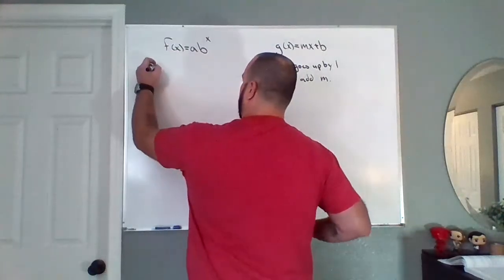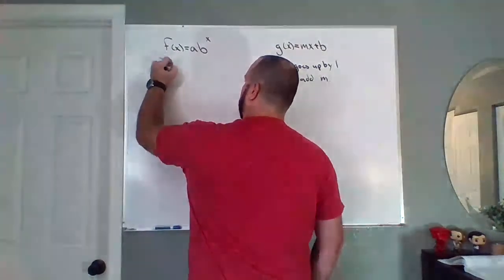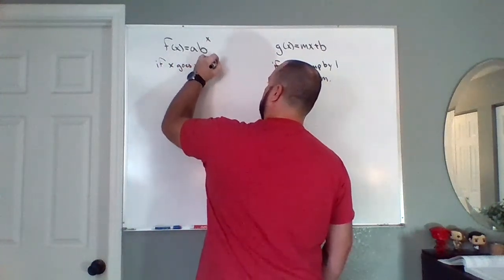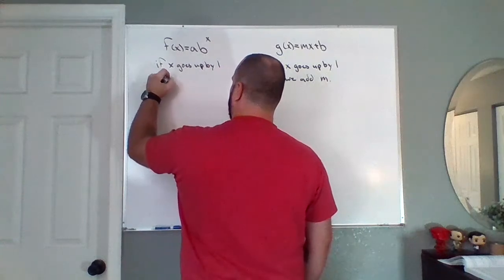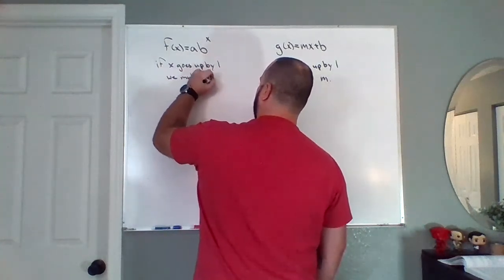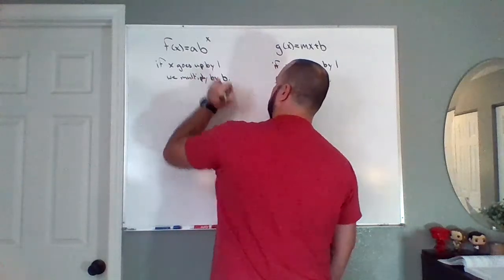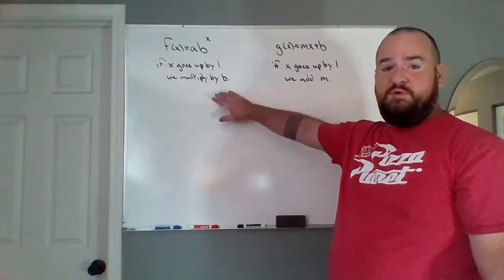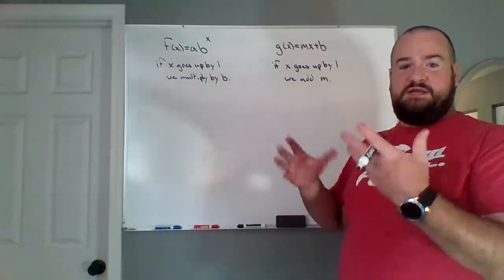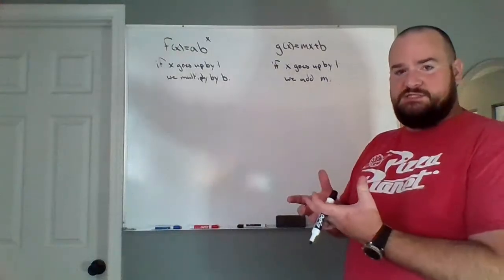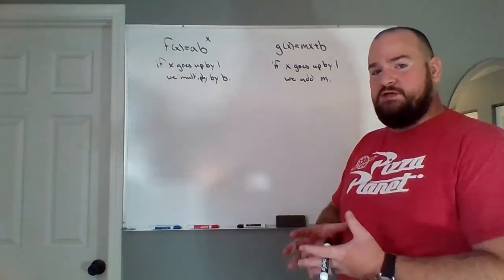So here, if x goes up by 1, we multiply by b. What's really cool is both of these functions, an exponential and a linear, we can tell the rate at which it changes just by looking at the equation.